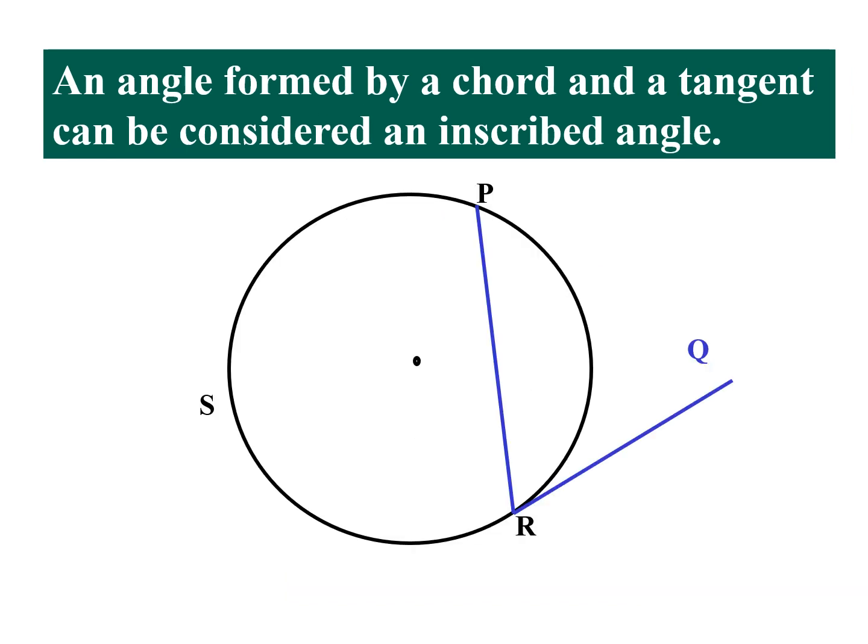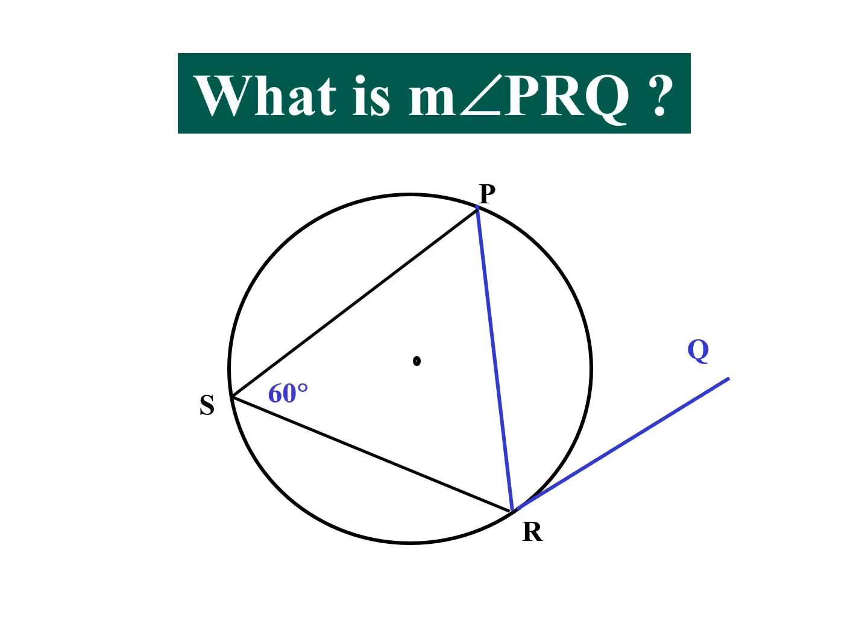So let us have an application of this one. Supposing we have measure angle PRQ. Measure angle PRQ equals 1 half the measure of arc PR. Now, let us solve what is measure angle PRQ.